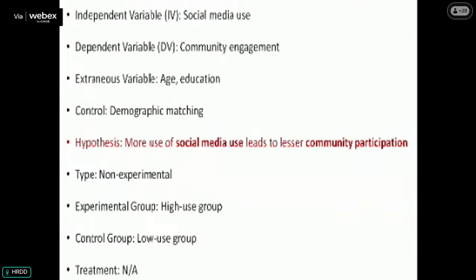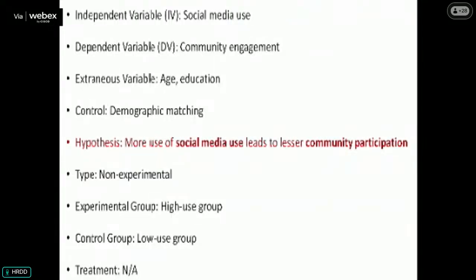The person designing the experiment has to take care that the extraneous variable does not affect my outcome. I will not allow the hypothesis outcome to become erroneous, so I must take care of the age of the group that I am selecting.